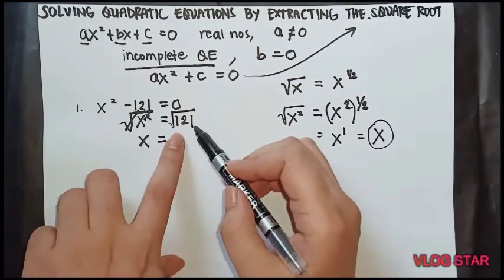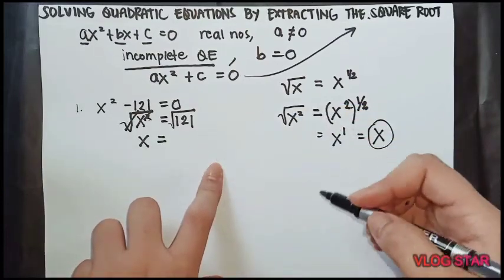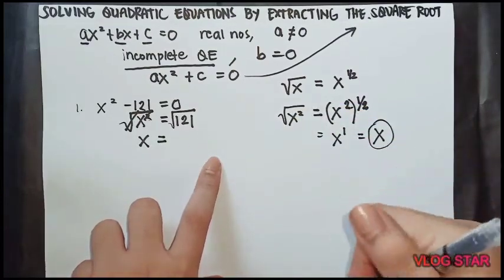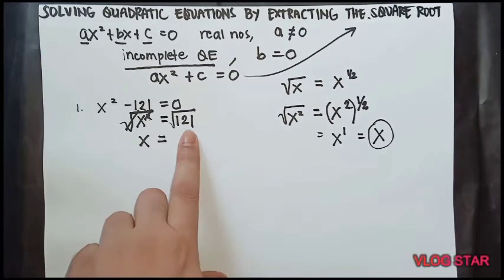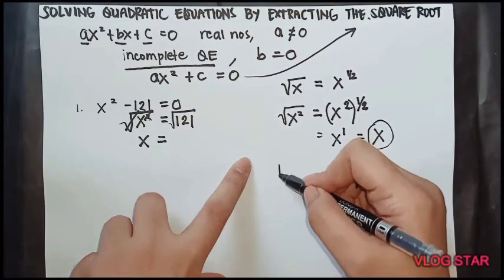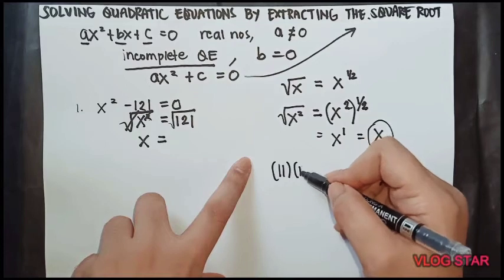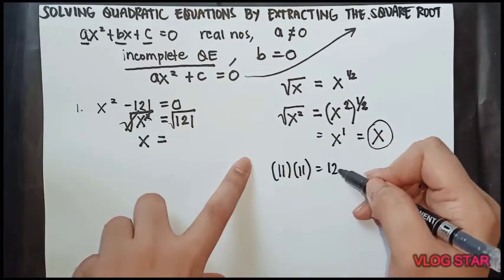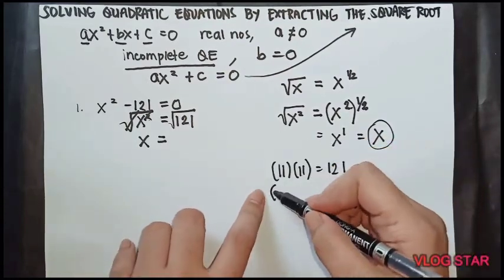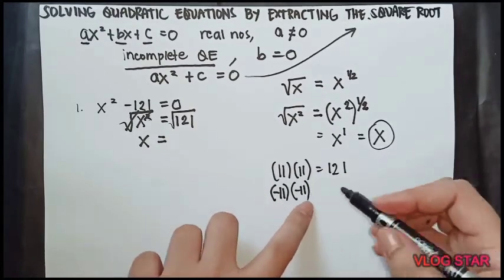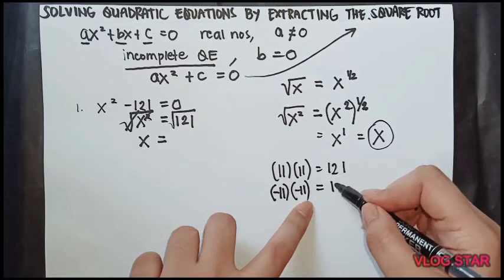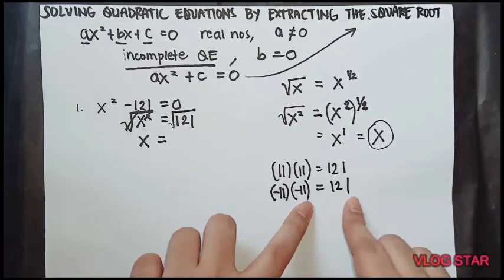And then x is equal to the square root of 121. When we say square root, we think of a number that when multiplied by itself 2 times will give us 121, and that is 11. So 11 times 11, that is 121. And we can also have negative 11. So negative 11 times negative 11 is also equal to positive 121.